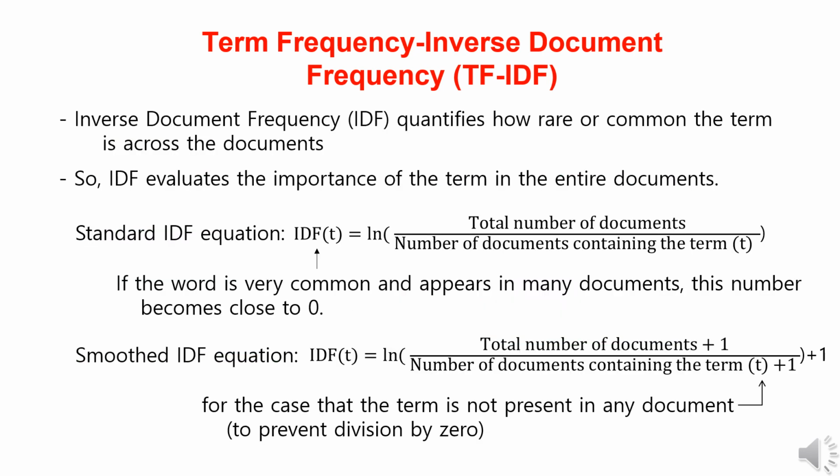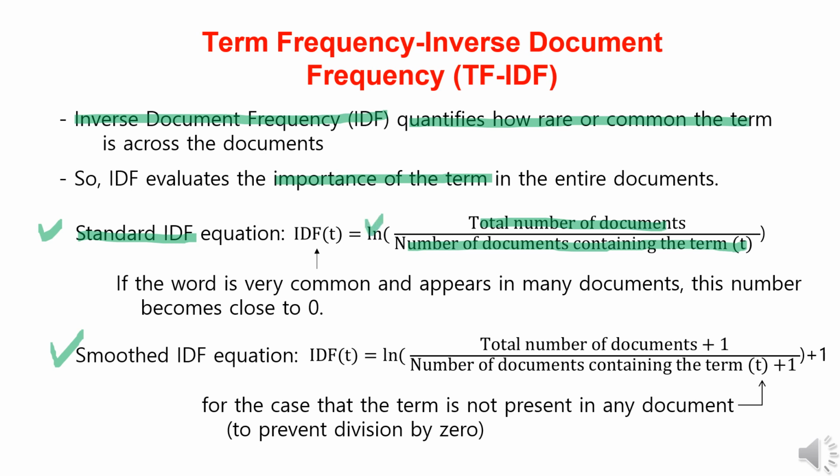Inverse document frequency, or IDF, quantifies how rare or common the term is across the documents. This helps us understand how important a word is in the context of the entire collection of documents. There are two methods to represent IDF. Firstly, the standard IDF method involves dividing the total number of documents by the number of documents in which the word appears, and then taking the logarithm of that value.